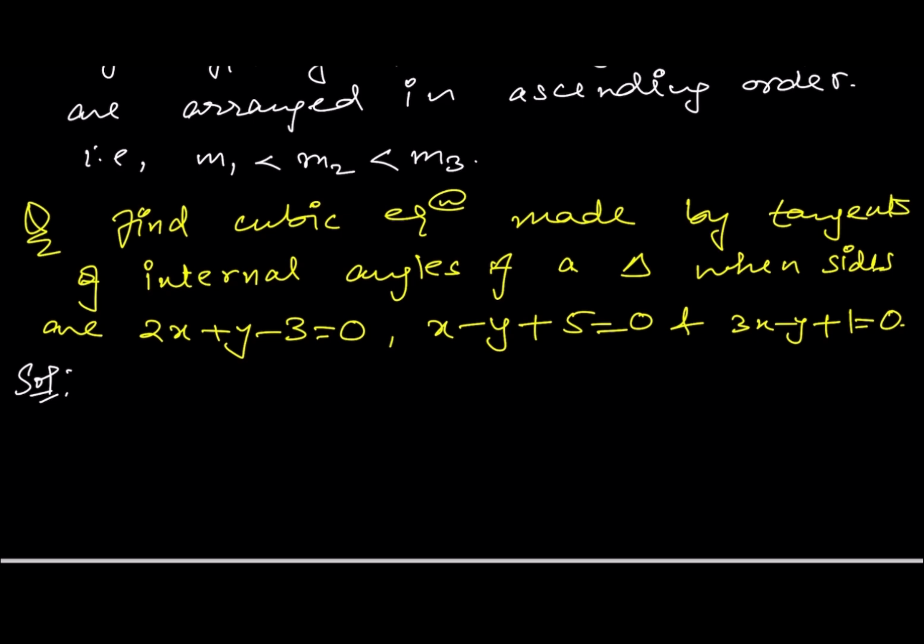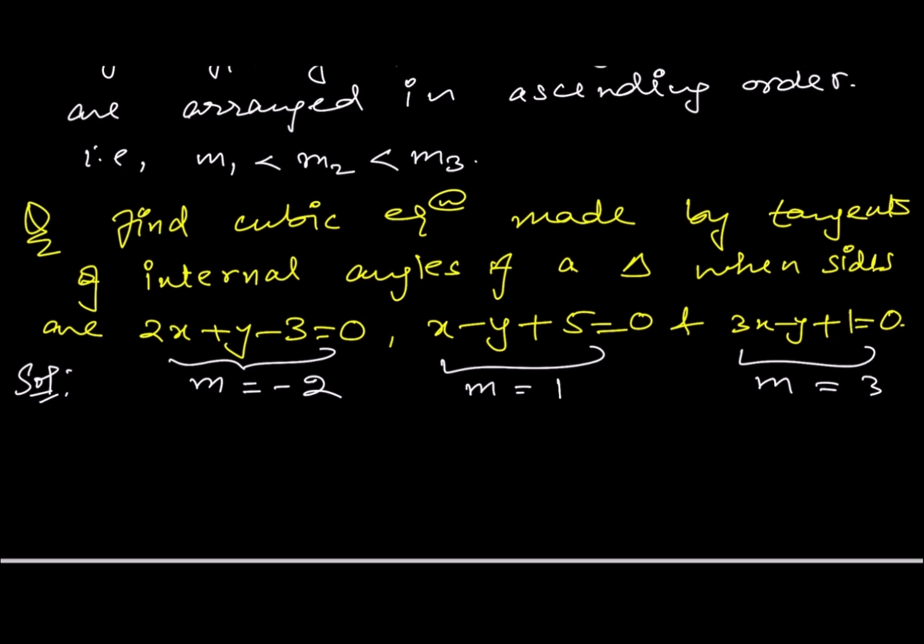So first of all we need to find slopes. So for this line m is minus 2, for this line slope is 1, for this line slope is 3. So here minus 2 is less than 1 and 1 is less than 3. So it is m1, it is m2 and it is m3.